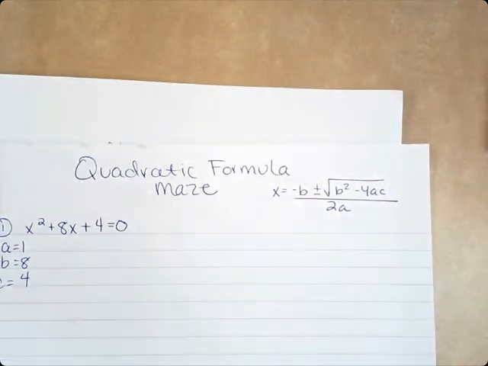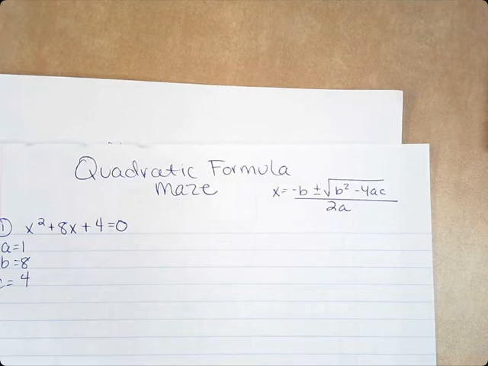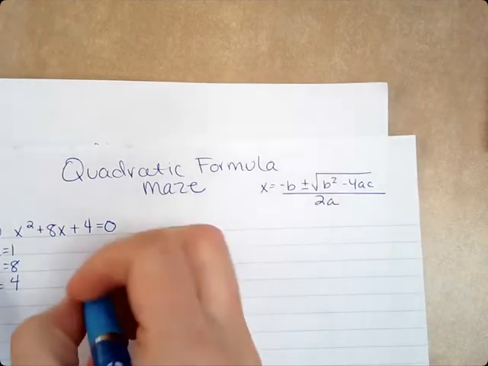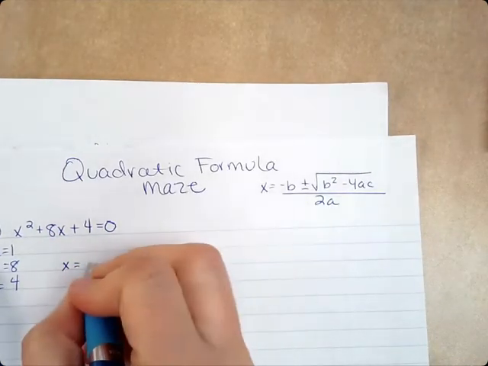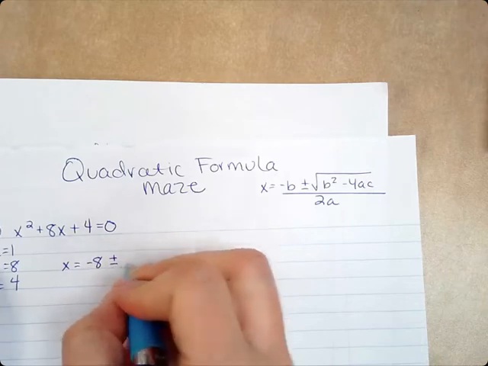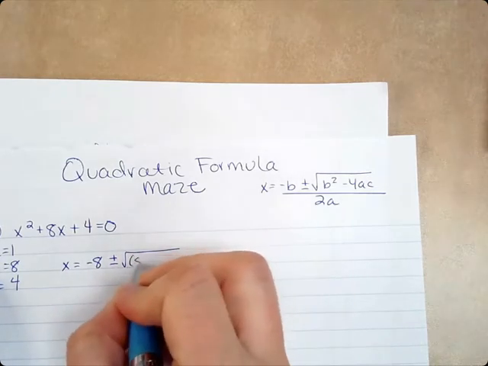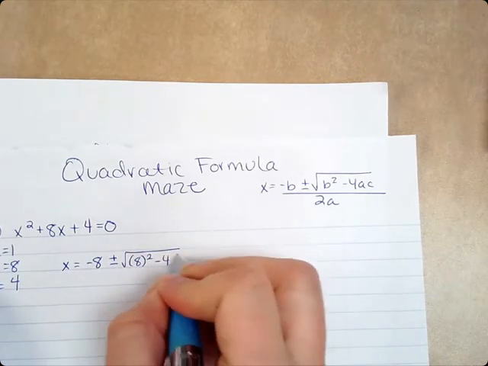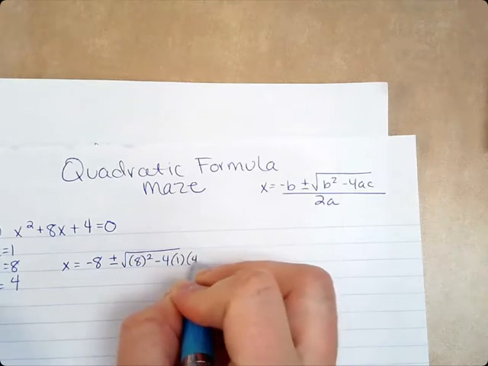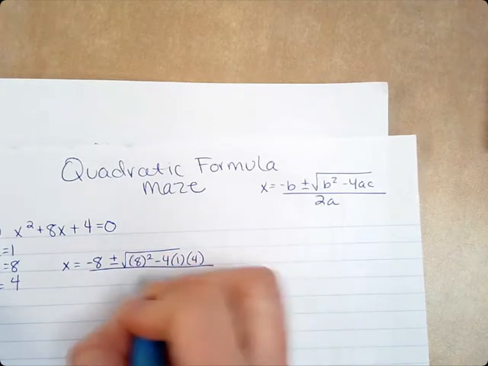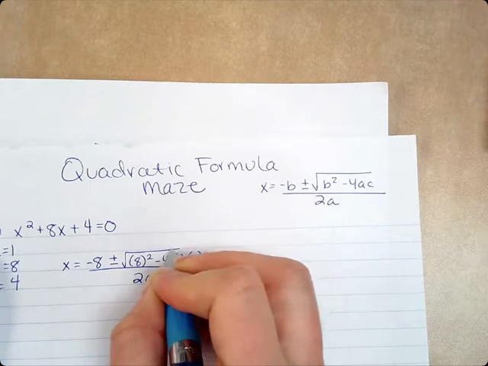So I don't have to keep looking back at my notes. So x equals negative 8 plus or minus the square root of 8 squared minus 4 times 1 times 4, over 2 times 1.